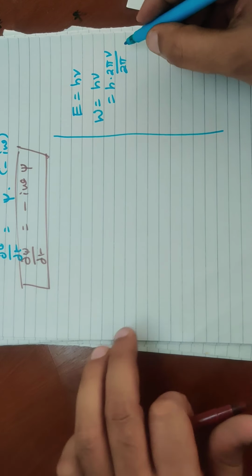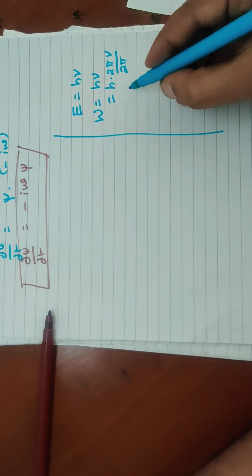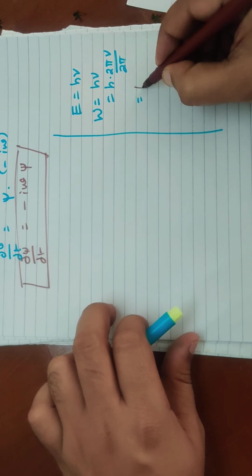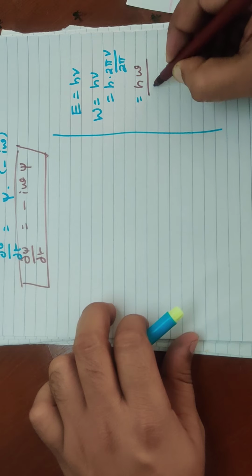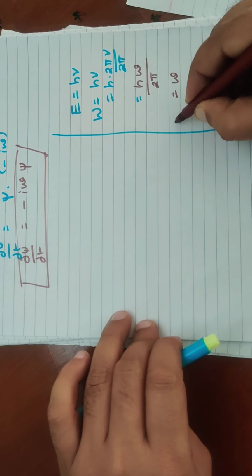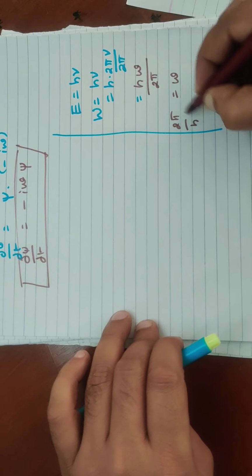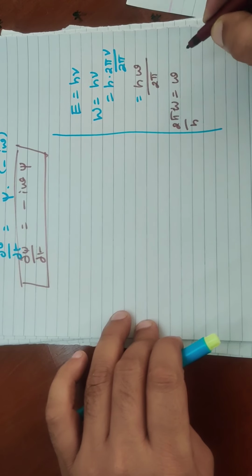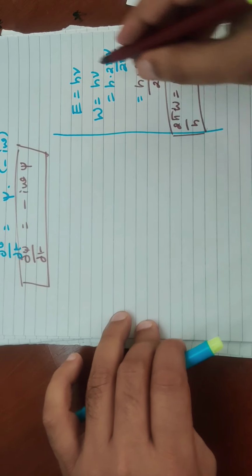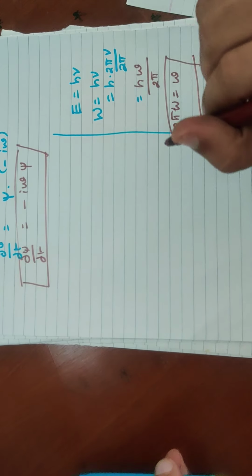So nu is a frequency, right? So 2 pi nu can be written as omega upon 2 pi. Therefore omega can be rewritten as 2 pi upon h into W. So this is one of the values which we get after substituting energy as h nu.